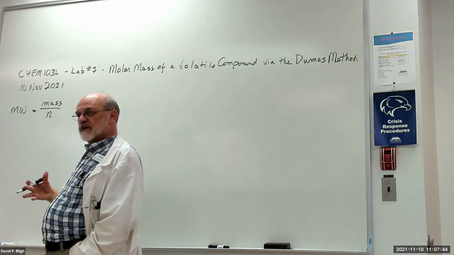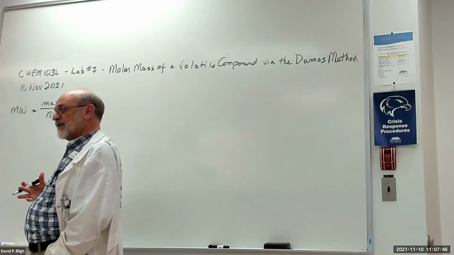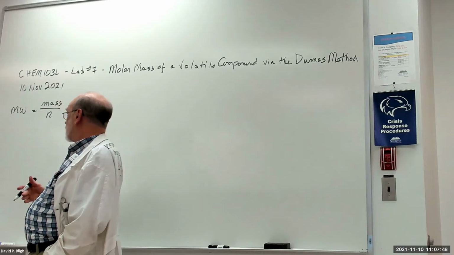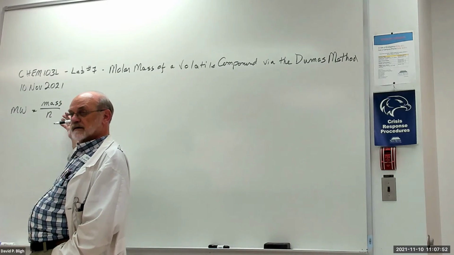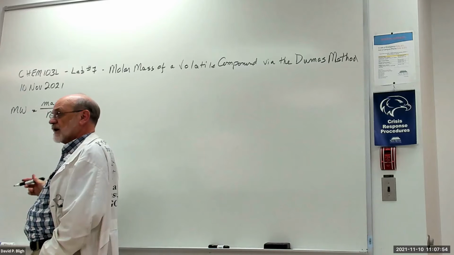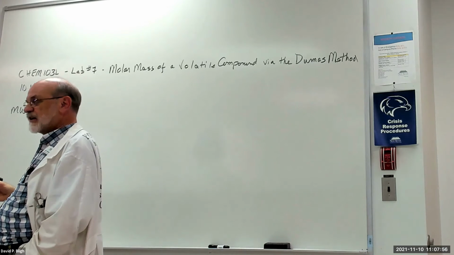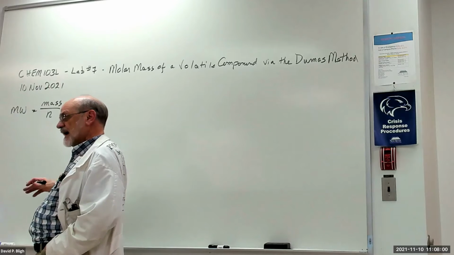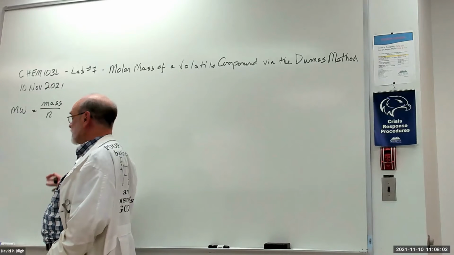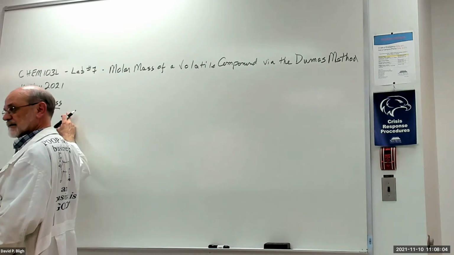But if you don't know the structure of the compound, if you don't know the formula, then how do you get the molar mass? Well, this is one of the ways you do it. There are several others. They're colligative properties. In other words, they don't depend on the identity of the compound. It doesn't matter what the compound is.